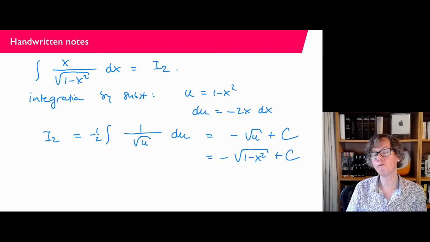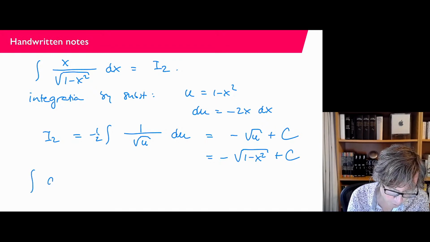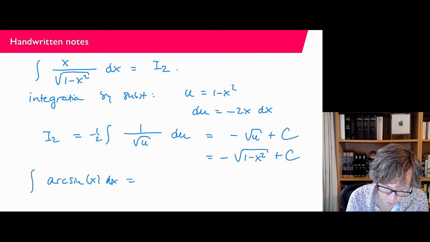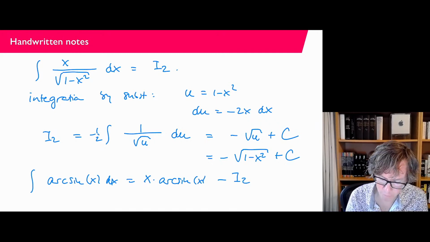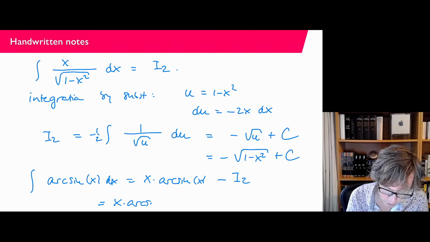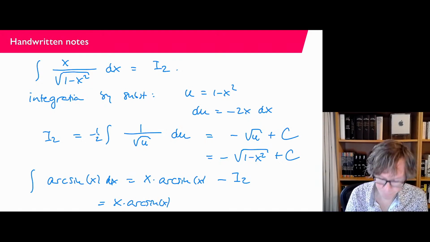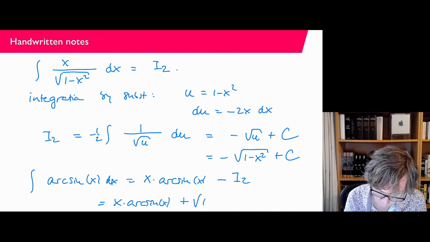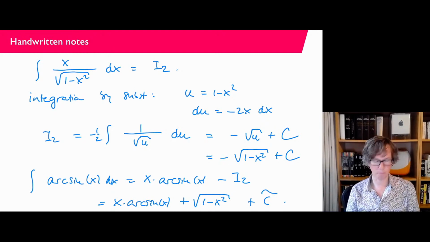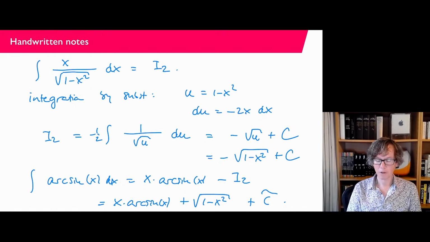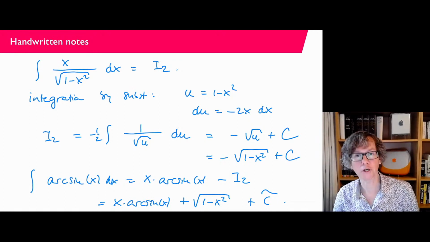So the conclusion is that the full integral, so the integral of the arcsine function, is what we had on the previous page, which was x times the arcsine, and then it was minus I2 if you would look back on the previous slide. So we find x times the arcsine function, then we get plus square root 1 minus x squared plus c tilde. C tilde is a new constant, minus c here, but I'm not interested in the precise value. So this is a primitive function for the arcsine.